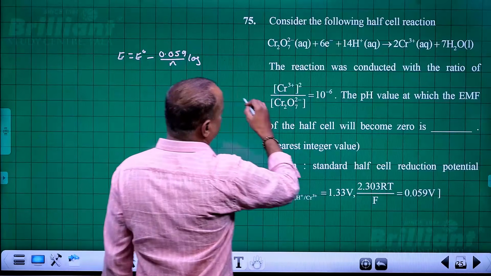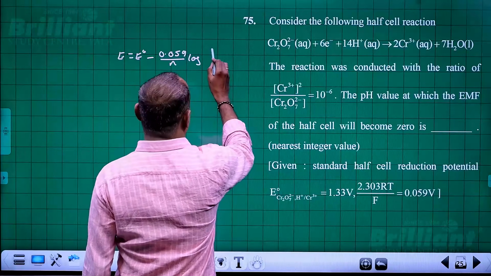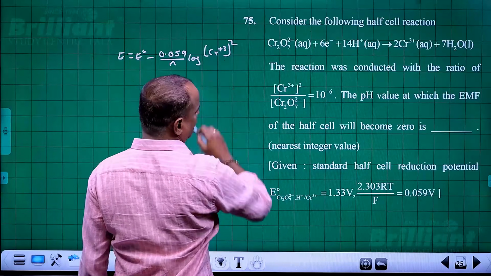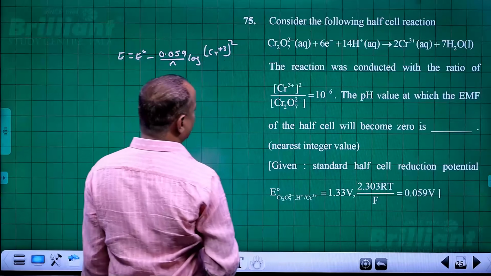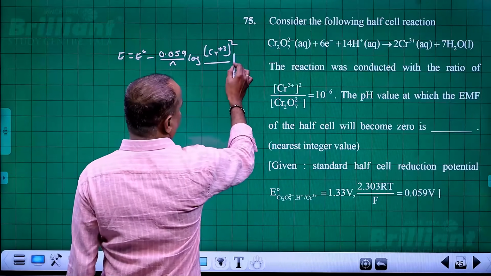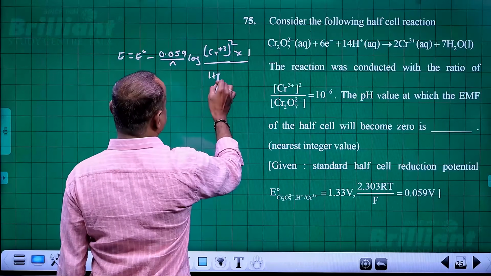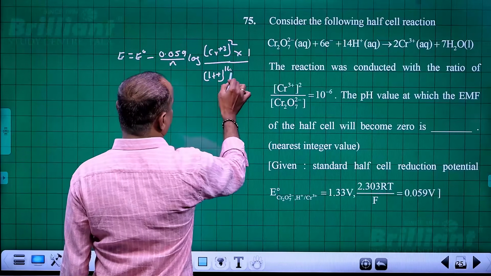Products are Cr plus 3 whole square, water no need, it is liquid, by H plus raised to 14.